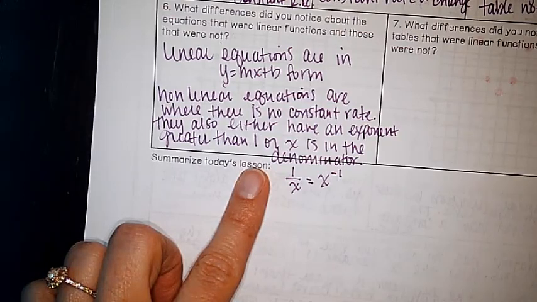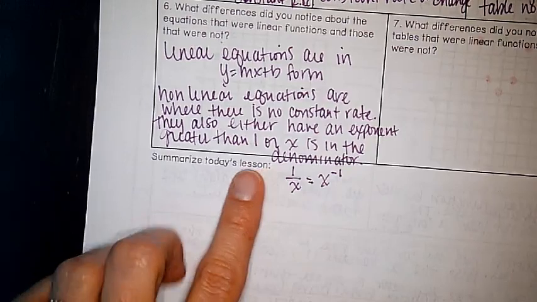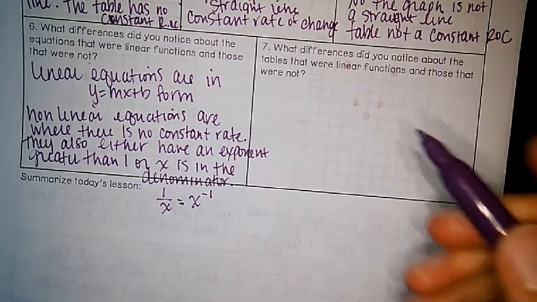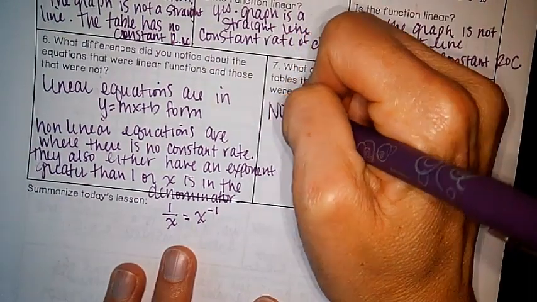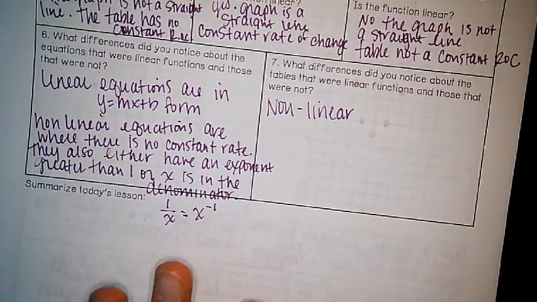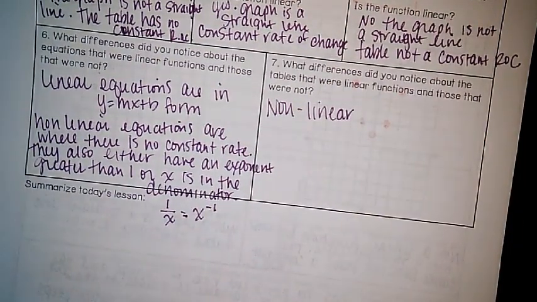Okay, what differences do you notice about the tables? All the nonlinear. Non-linear doesn't have a what? I see it crossing the y-axis all the time. There's a y-axis cross.